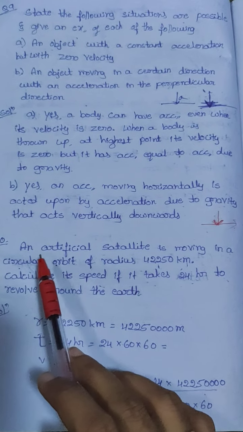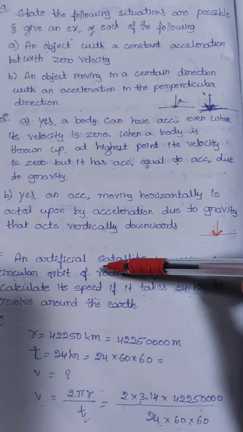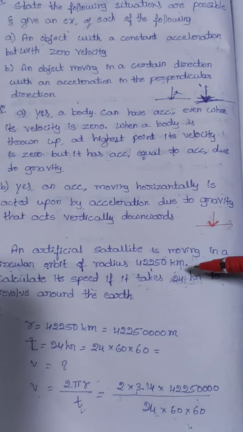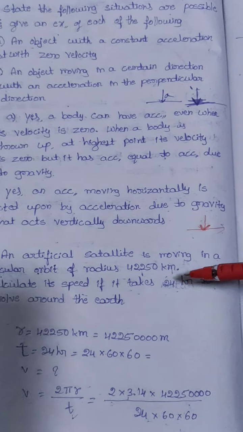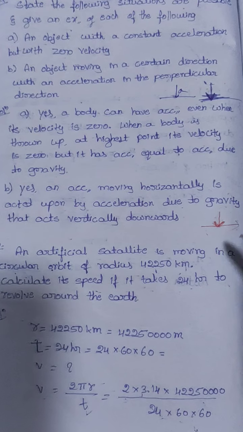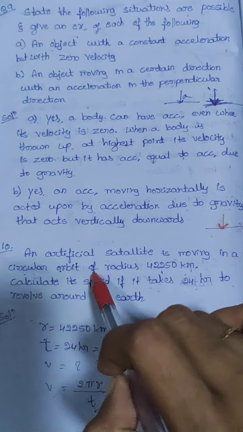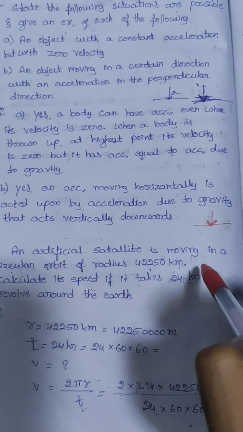So next, last question: an orbital satellite is moving in a circular orbit of radius 42,250 km. Calculate its speed if it takes 24 hours to revolve around the earth. A satellite is moving in a circular orbit of radius 42,250 km.